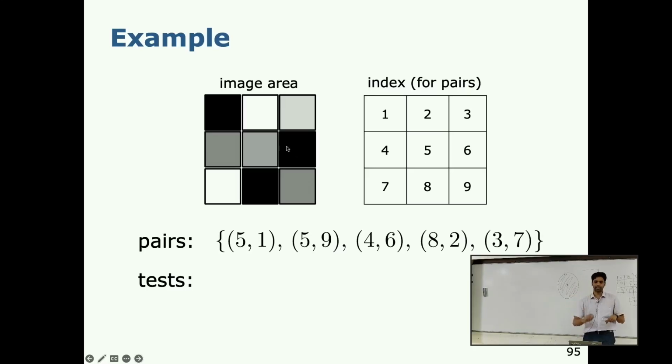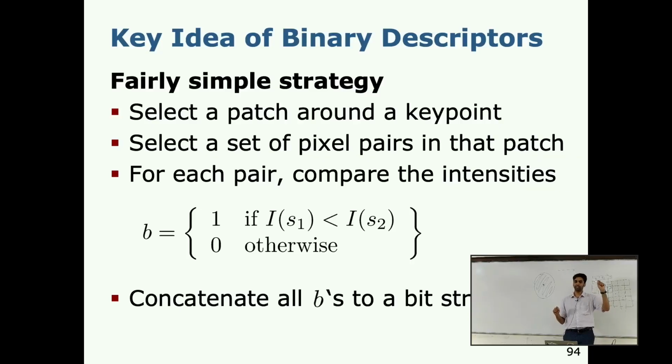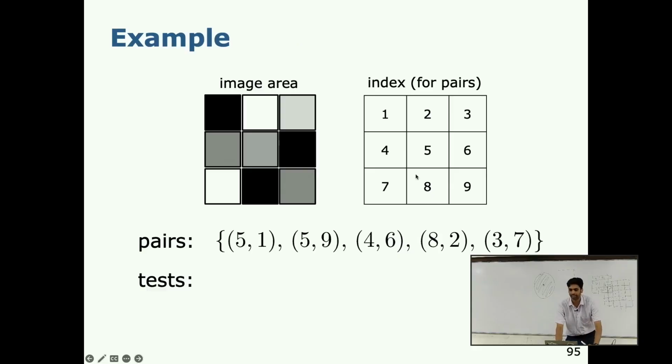Now pick 2 pairs. Here I say pick 5 and 1. So 5 is this guy and 1 is this guy. And then do the following test. Check if the intensity at the first sample location is less than the second sample location, then the output is 1. Otherwise, the output is 0. If we apply it to this example, the intensity at 5 is gray and the intensity at 1 is black.